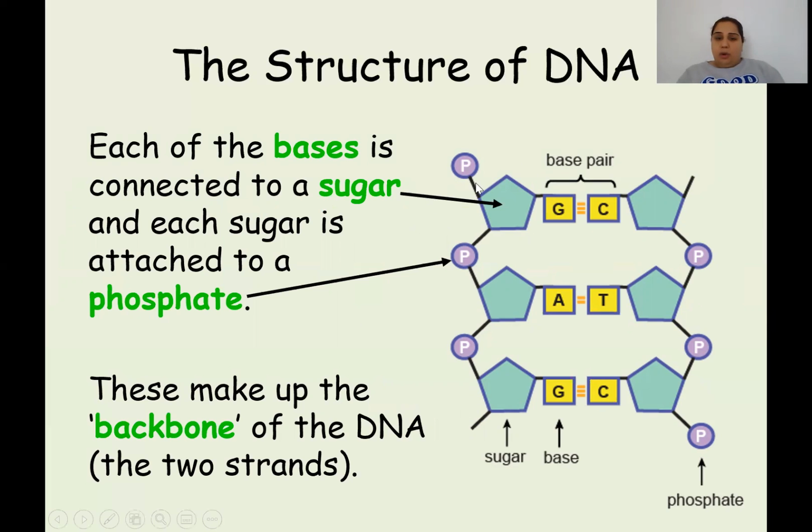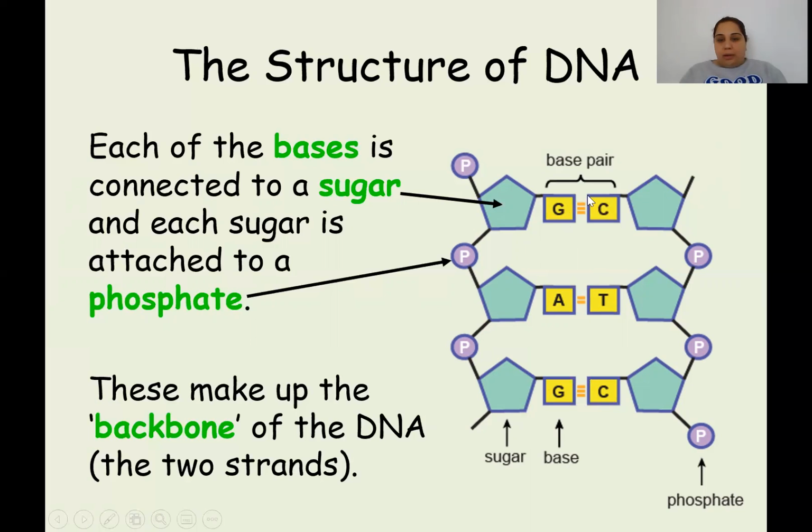We've got one strand there, one strand here. You've got your bases pairing, the complementary base pairing, and then you have bonding in between those bases. So again, you should recognize that structure there.